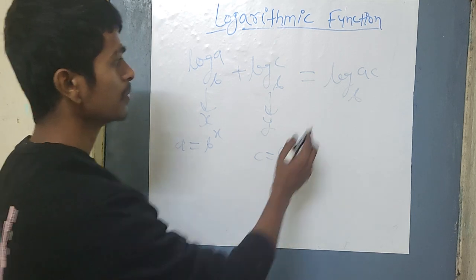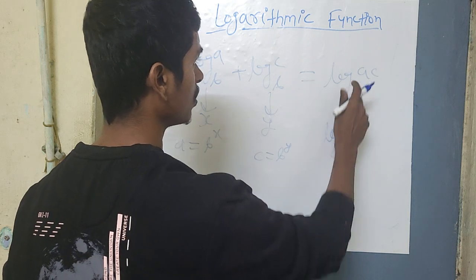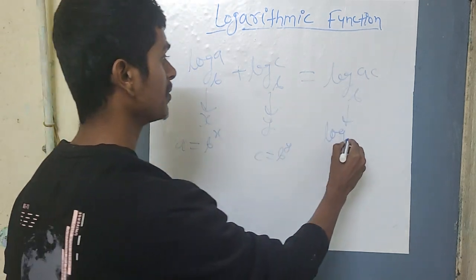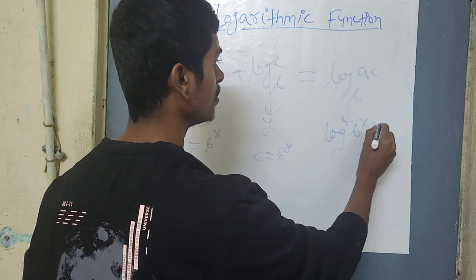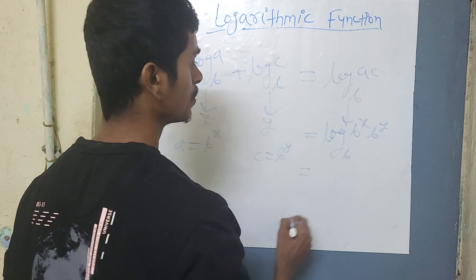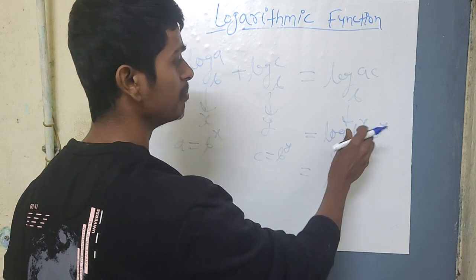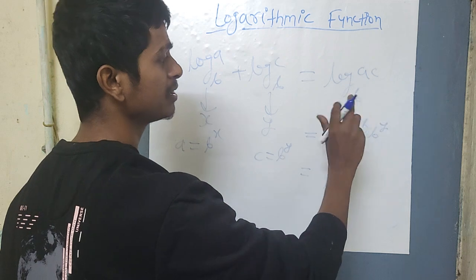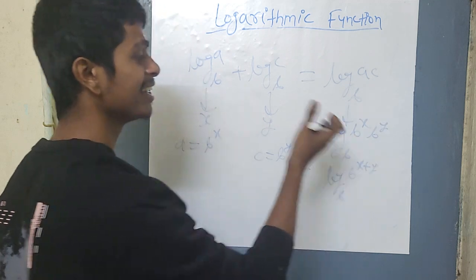So from the RHS, in place of a you can write b to the power x, and in place of c you can write b to the power y, and here the base was b. So log base b, and you know if the base is the same, the powers of the exponential are added, so b to the power x plus y.